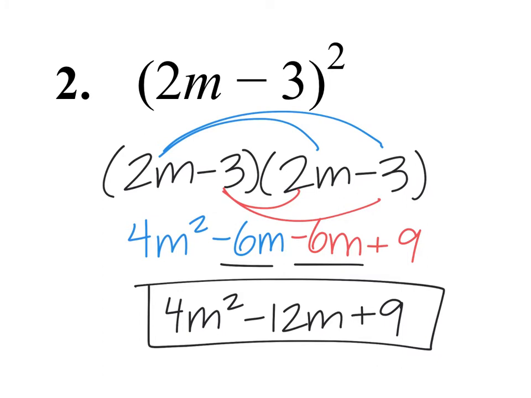Couple things that you need to be careful with. A negative times a negative is a positive. So when I do -3 times -3, I should get a positive 9. And when you combine like terms, -6 minus 6 gives you -6, down 6 more, which is -12.